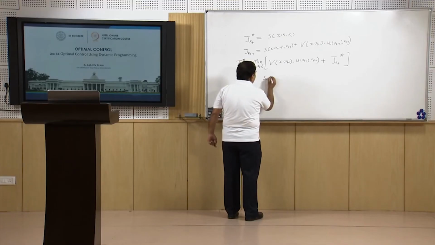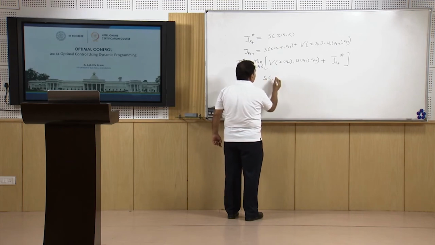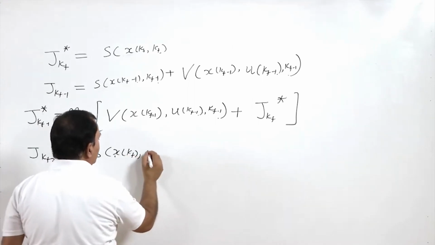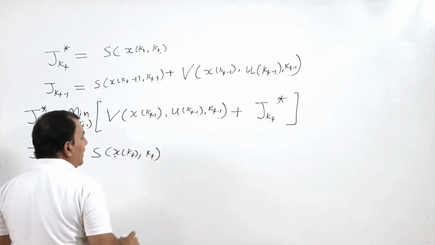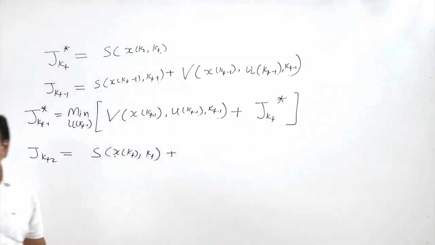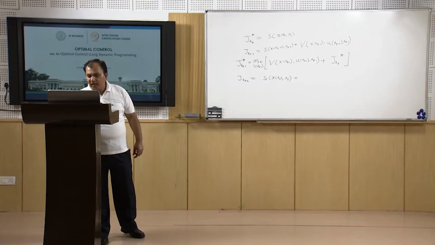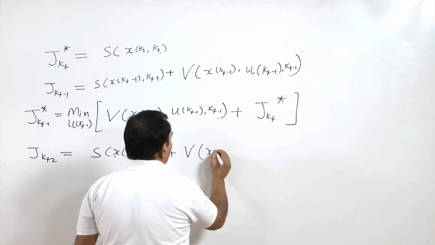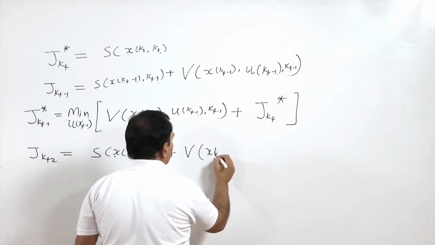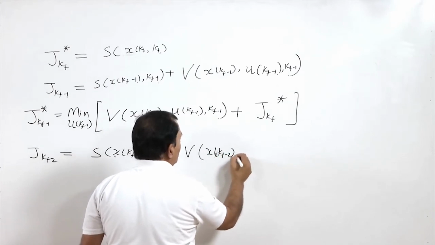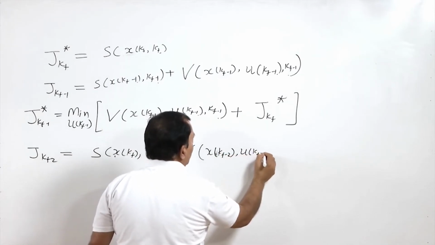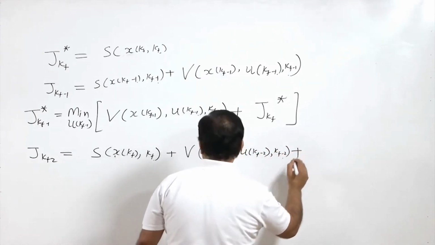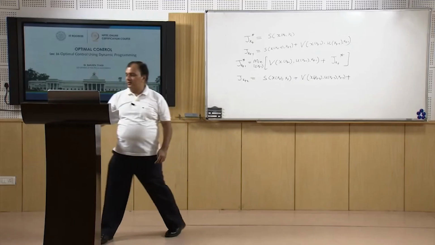If I will expand this, this is S x of Kf, my terminal cost, plus, if K equal to Kf minus 2, this is V x of Kf minus 2 U Kf minus 2, Kf minus 2 plus, so I am expanding this summation term.